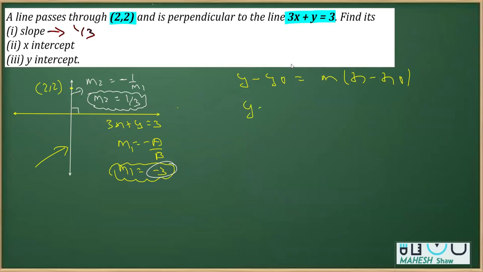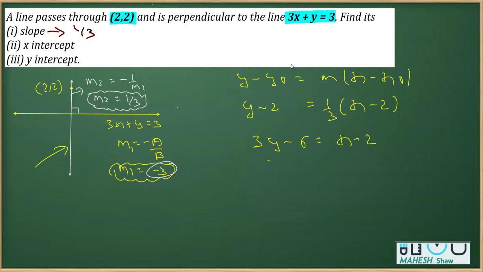We have y - 2 = m, which we obtained as 1/3, times (x - 2). So by cross multiplication, it is 3y - 6 = x - 2.